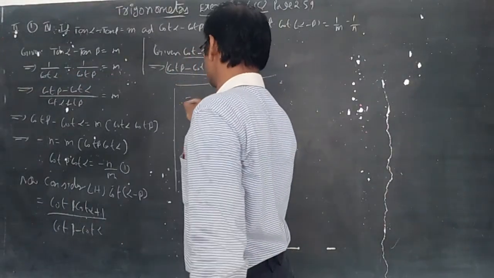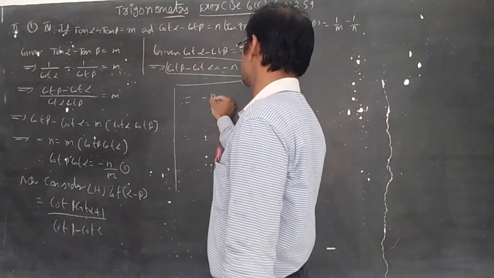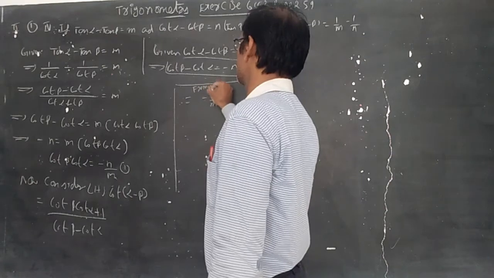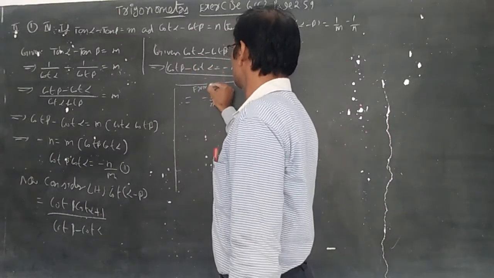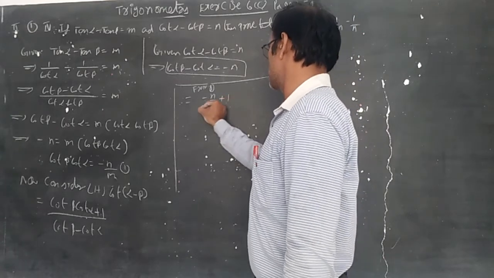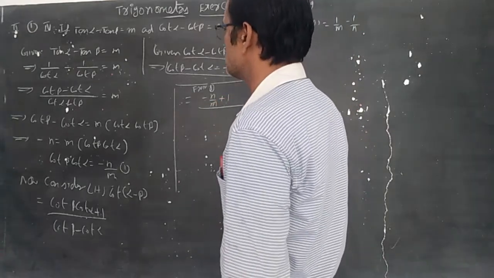That is equal to cot beta cot alpha, we got the value minus n by m from 1, minus n by m plus 1 whole by cot beta minus cot alpha.